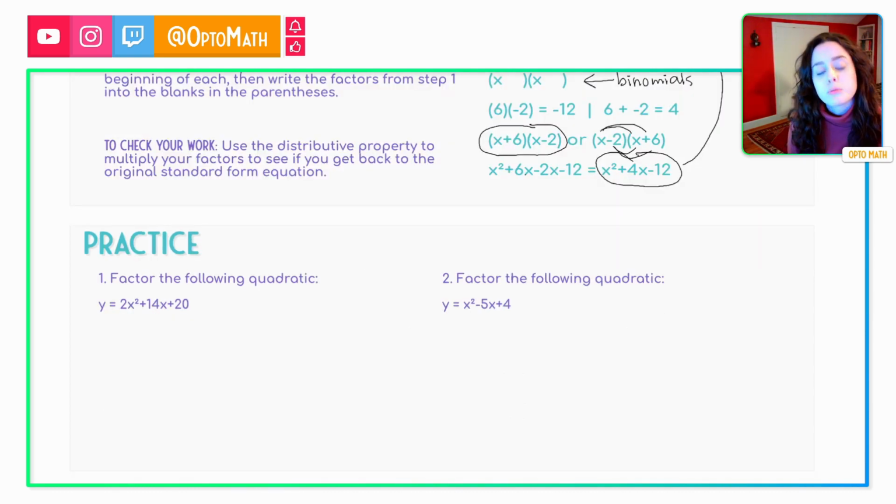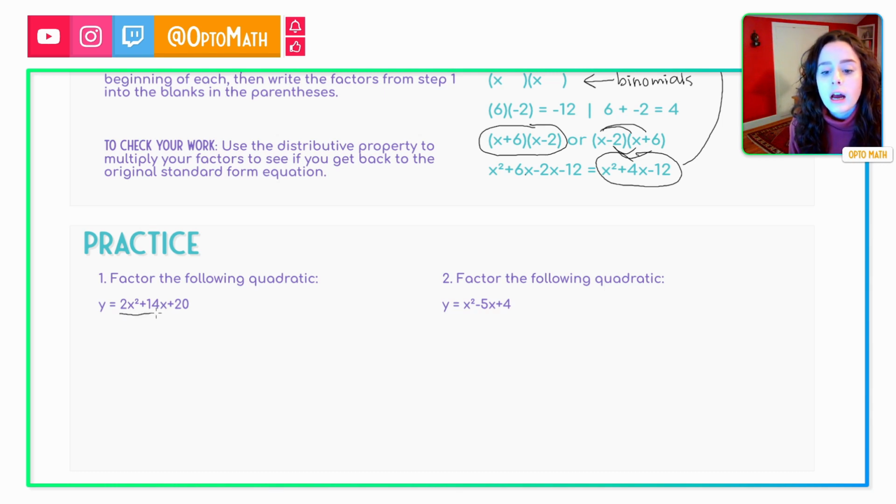Let's take a look at some practice. Number 1 wants us to factor the following quadratic, and our quadratic is in standard form, and a is not 1. So remember, the first thing we always need to try is factoring out a GCF. So we can see that all the ones place for these a, b, and c is even, so it is divisible by 2.